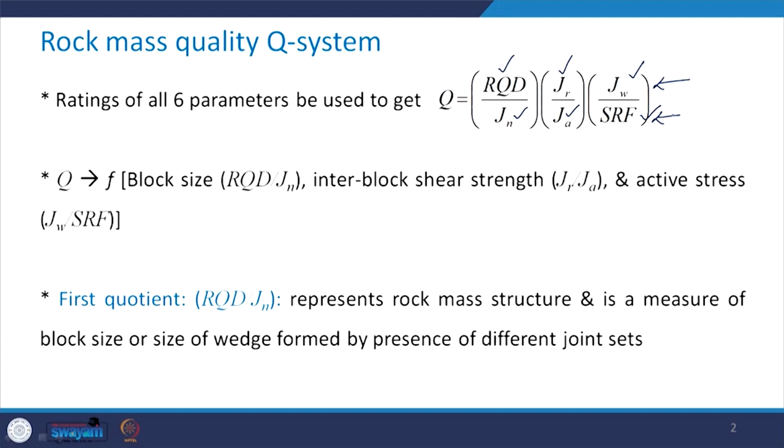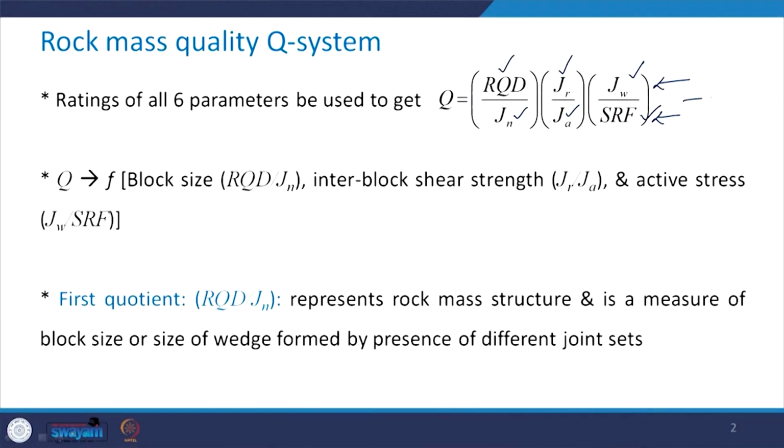We saw that there are various tables which can be used to assign the rating to each of these parameters. Just substitute all those values in this expression and one can obtain the index Q.